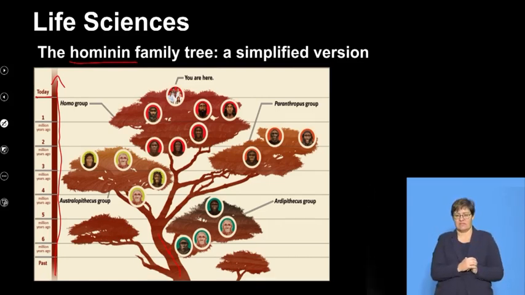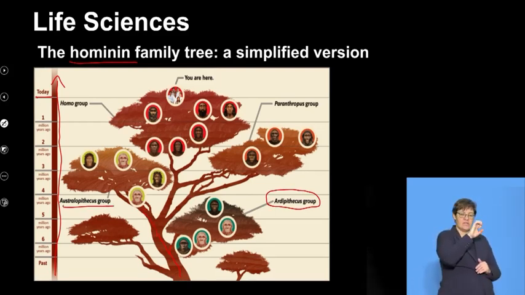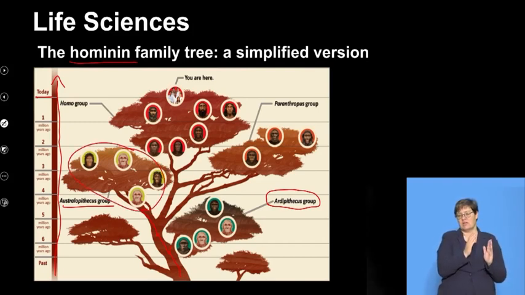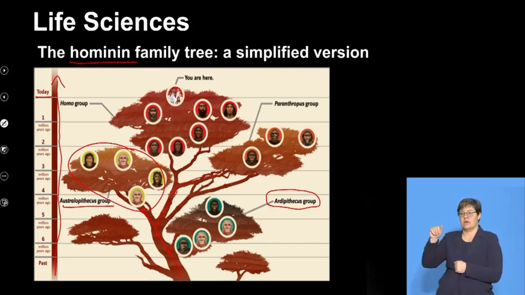And here we find the Ardipithecus group of organisms or ancestors. Then we branch here and we find the Australopithecus group, and we're going to study them. Then the branch carries on, and we find the Paranthropus group, and then we find the Homo group.